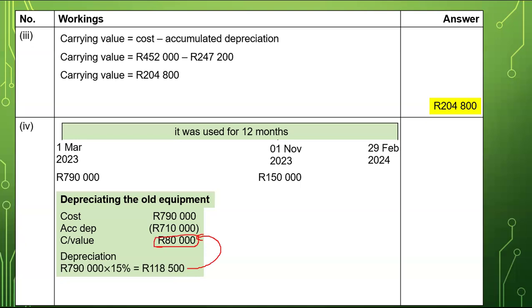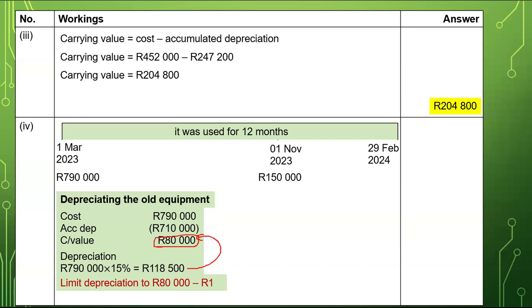So we can't recognize the whole 118,500 as our depreciation on equipment. We are going to limit it to carrying value at the beginning of the year minus 1. We are going to limit it to 80,000 minus 1, which is 79,999. That will be our depreciation for the current year.